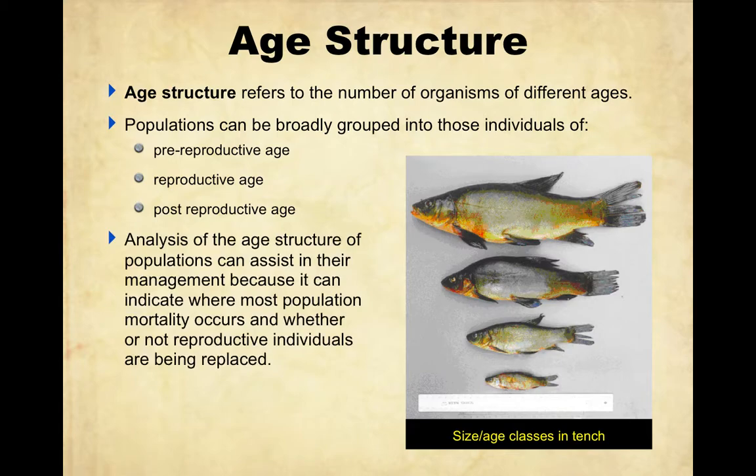The age structure of a population can help you figure out where that population's going, at what age the most death occurs, and what ages are most reproductive. So if you're working to save a population, you definitely want to limit hunting of the reproductive and pre-reproductive years. If anything, go ahead and hunt them when they're post-reproductive.